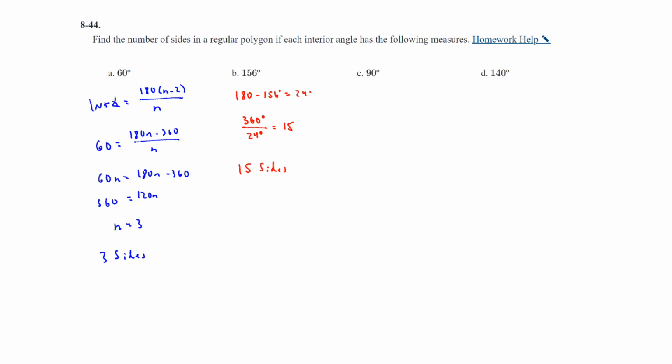On C, 90 degrees, so we're finding the sides. If it is a regular polygon with an interior angle of 90 degrees, this one you might be able to figure out pretty quickly. If it's 90 degrees, then it's going to have to be a square.